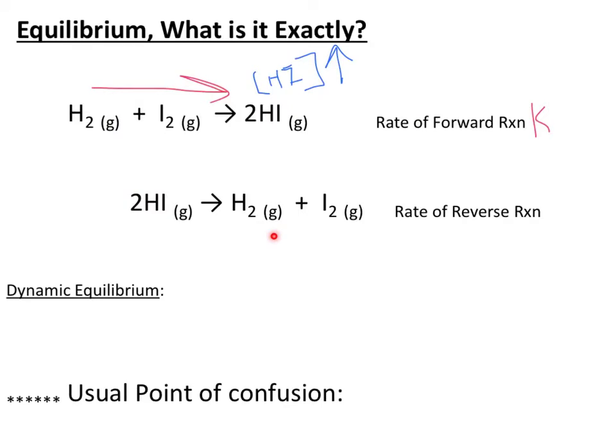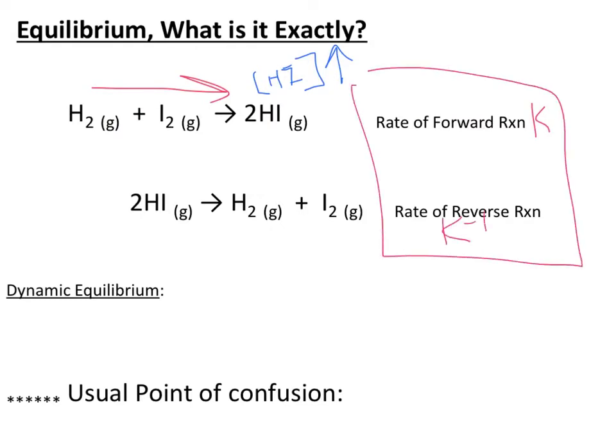And what we see is that at equilibrium, these two right here, and this will actually be k negative 1, or 1 over k, because they'll be reciprocals, at equilibrium, these are equal. So at equilibrium, the rate of my forward reaction and the rate of my reverse reaction are the same.